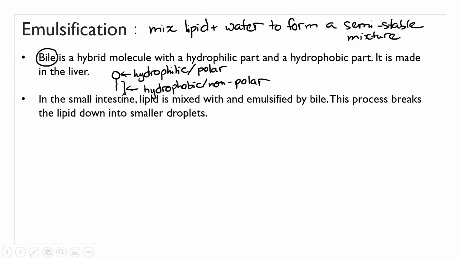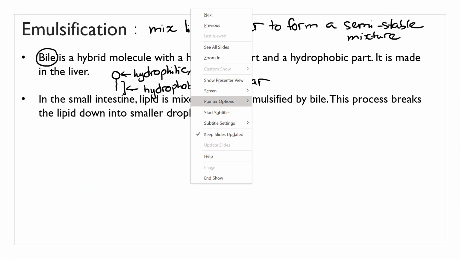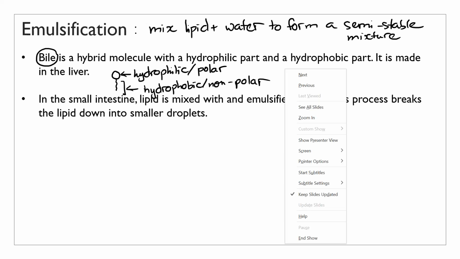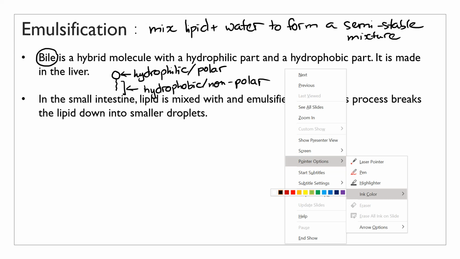All right. So in the small intestine, what happens with emulsification is that lipid is mixed with and emulsified by bile. This process breaks down the lipid into smaller droplets. The idea here is that the hydrophobic part of bile is going to surround the oil or lipid drops.